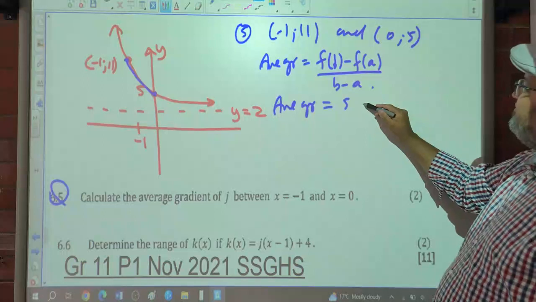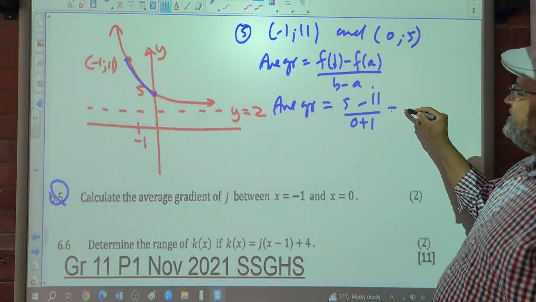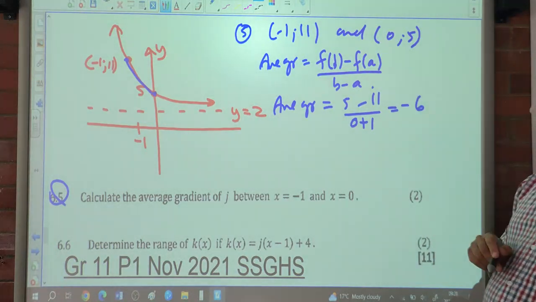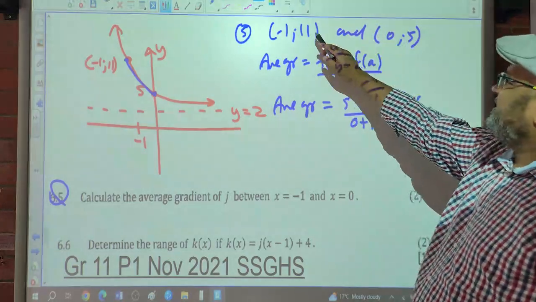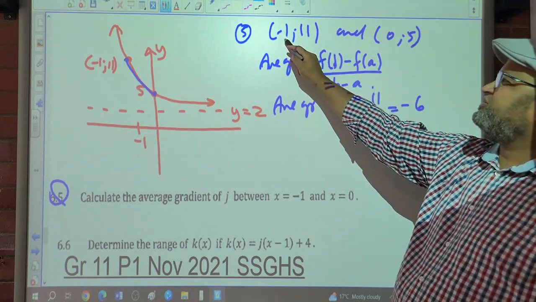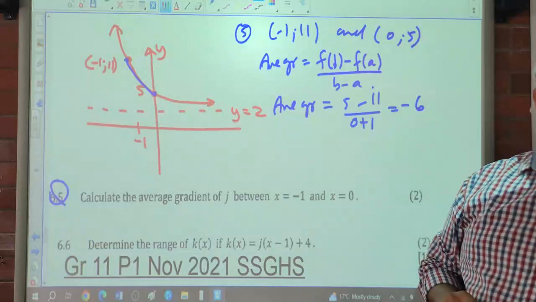So it's going to be 5 minus 11 over 0 minus negative 1. So 5 minus 11 is negative 6, over 1 is negative 6. You see that, people? Or you could have said 11 minus 5 over negative 1 minus 0, so you would still get negative 6. Can you see that, people?